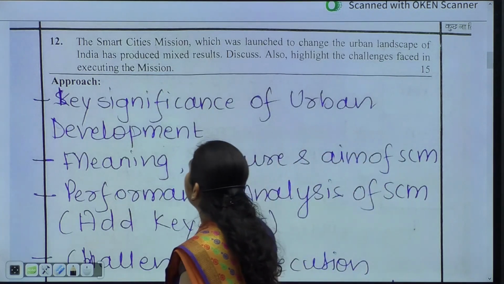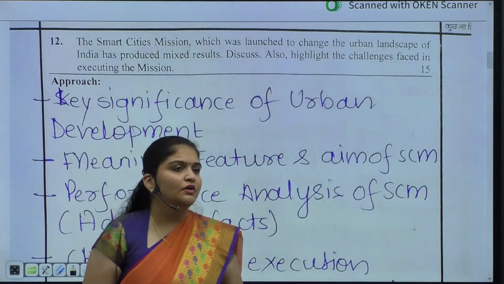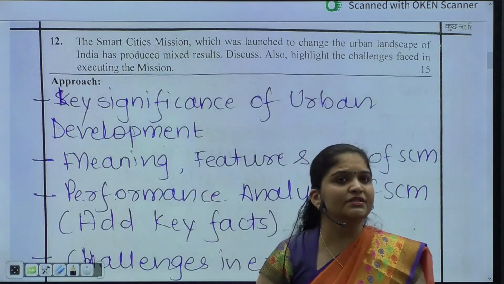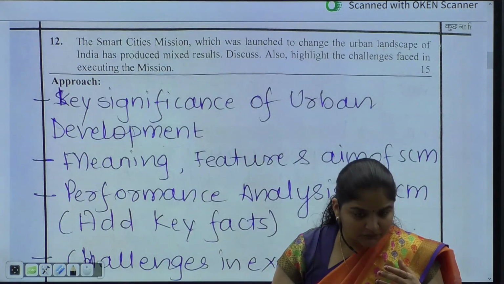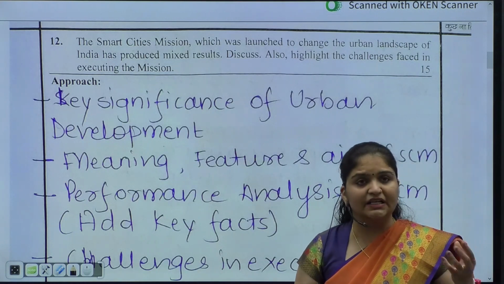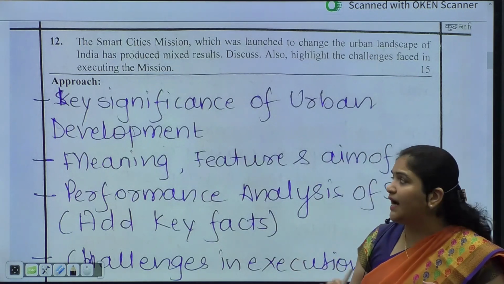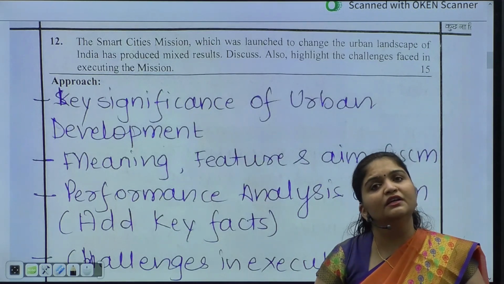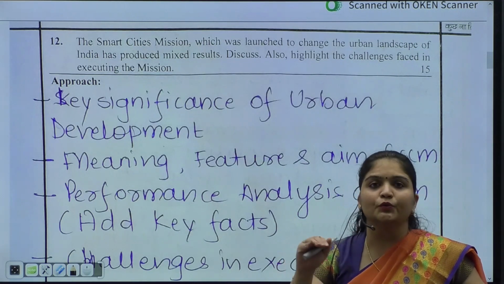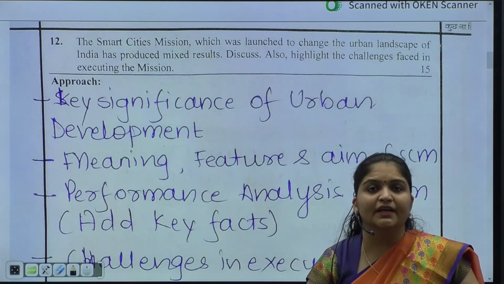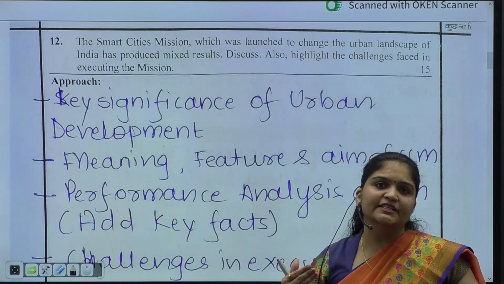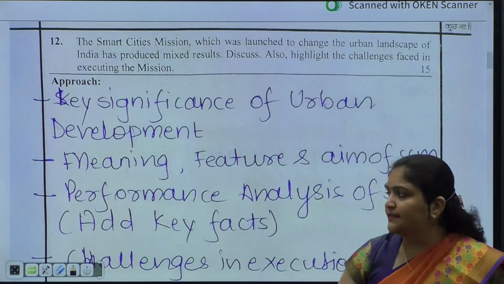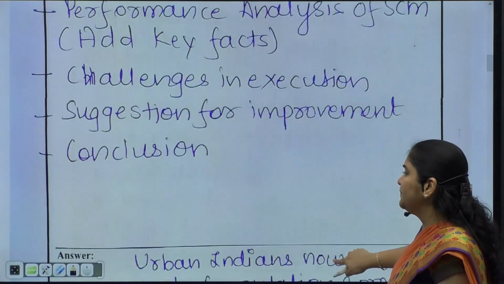Students can start with the Smart Cities Mission, or with urban development, or with the aim behind the Smart Cities Mission. I have started by talking of the key significance of urban development in India's growth story with facts, and then the Smart Cities Mission has come in this light. And see how it has been depicted.